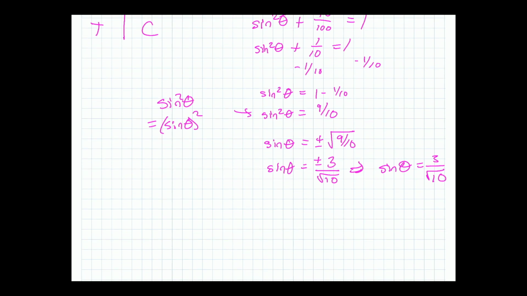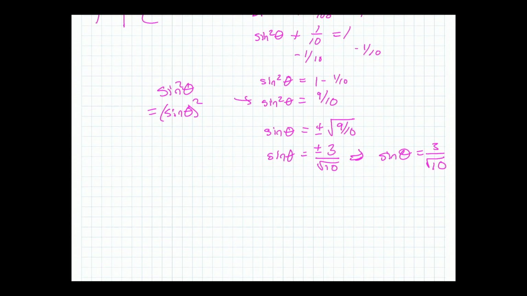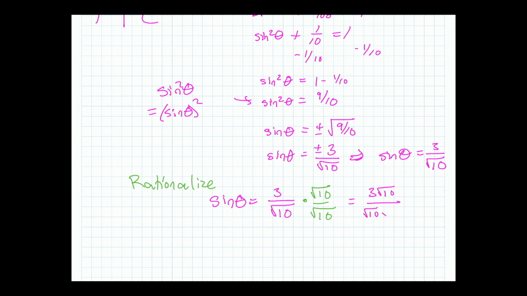Now, we don't like to leave it that way. We're told we should rationalize the denominator. So we did that earlier today. So how do we rationalize the denominator? Do you remember? You're going to multiply by square root 10 over square root 10 and see what you get. On top, you get 3 square root 10. On the bottom, you get square root 10 times square root 10, which is just 10.